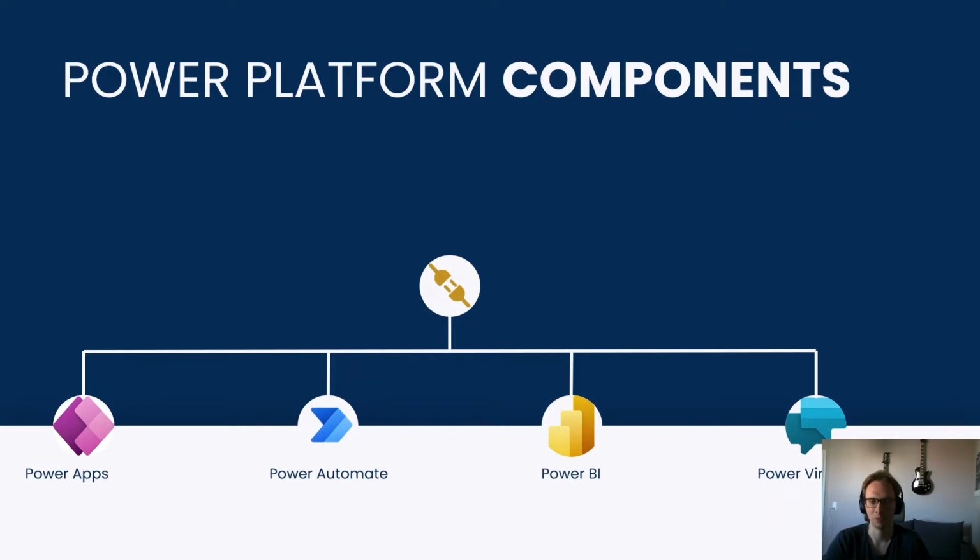Then we have Power Automate, which helps you to automate different processes. Power BI is about building dashboards and helping you make decisions faster with real-time information. And the last product is Power Virtual Agents, in which you can build chatbots within the Power Platform.